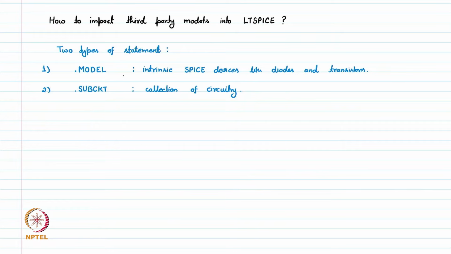So here in dot model, we can include a single device, for example, a single diode or a single transistor. However, in dot subcircuit, if we have, let's say, a small circuit made up of two diodes, resistors, capacitors, or any other devices, that is included using dot subcircuit. It can have multiple devices as well.